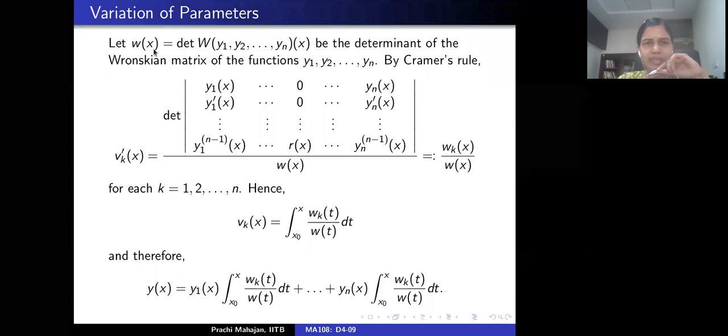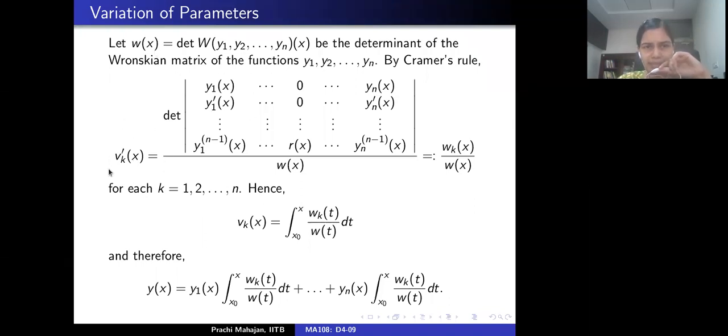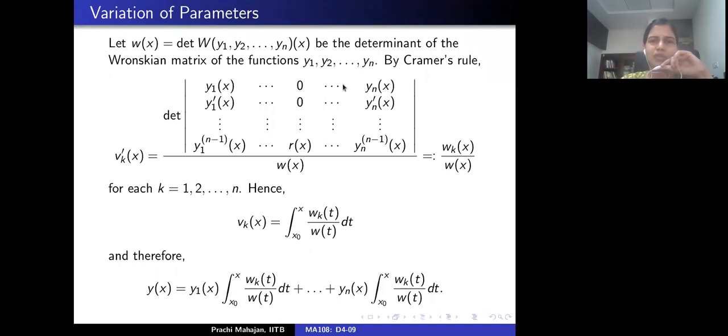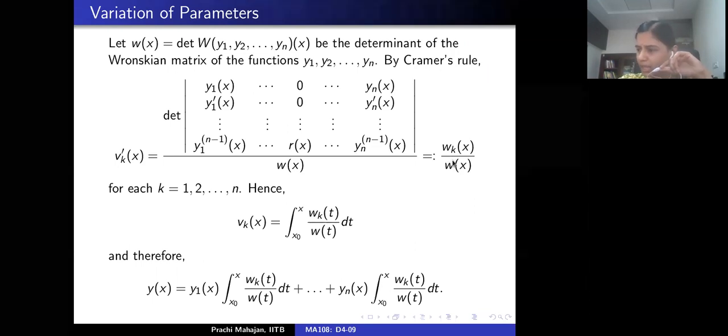If I denote the Wronskian matrix by W, this system of equations tells me that the first derivative of vk is going to be the following. So what do I have upstairs? I'm writing it as Wk. What is Wk?